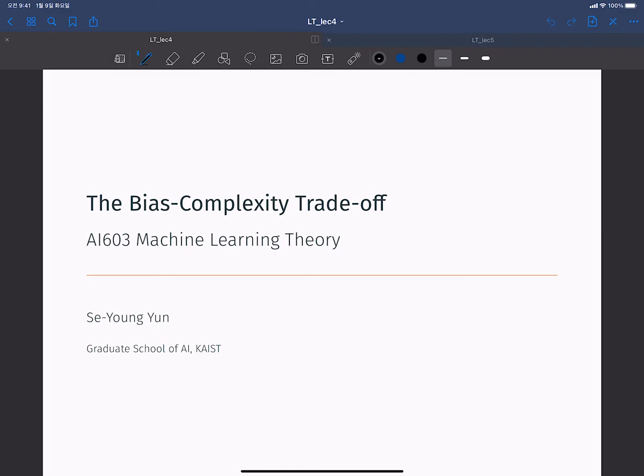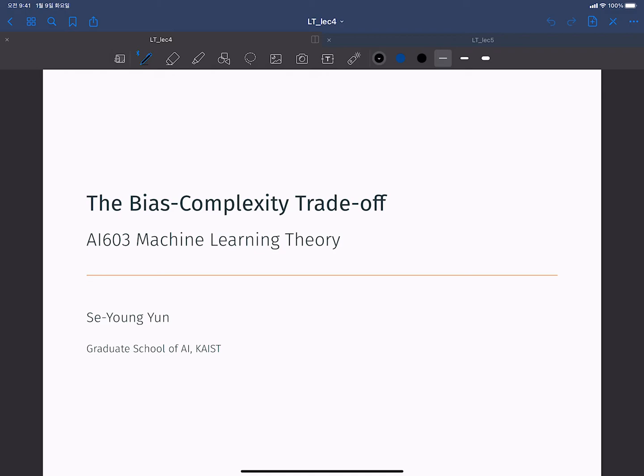But as we discussed last time, as the number of hypotheses increases, the sample complexity, the required number of samples to guarantee PAC learning, also increases. But if you use too simple a hypothesis class, on the other hand, with high chance the true hypothesis function does not belong to the hypothesis set you are considering.